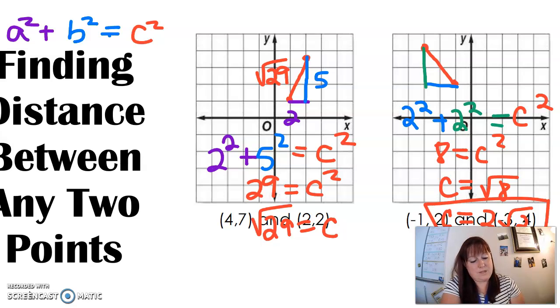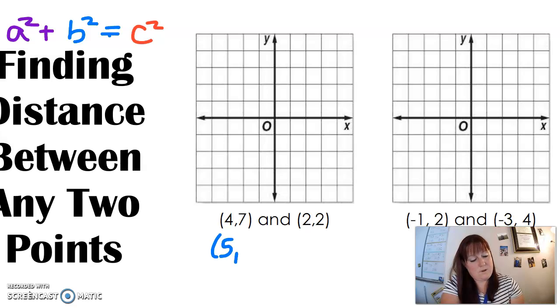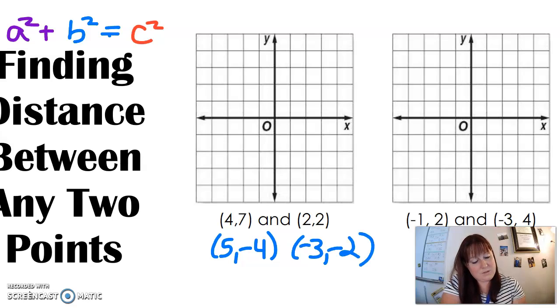They're all upside down on here. So another one we had is 5, negative 4, and negative 3, negative 2. So let's see how far these are away from each other. We go over 5, down 4, over 3, 1, 2, 3, down 2, 1, 2.